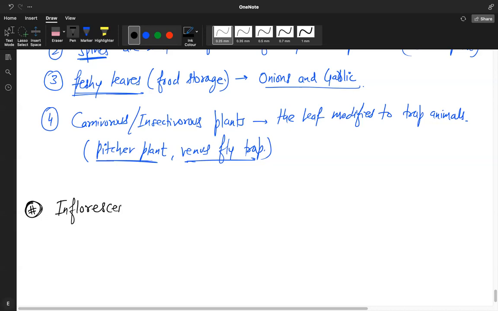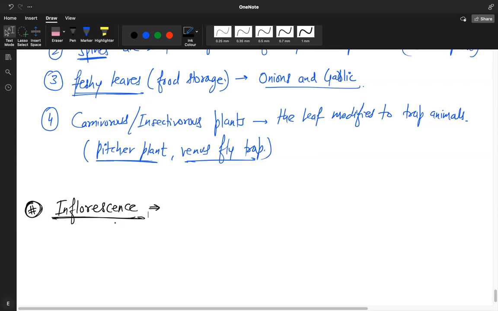Inflorescence. So what is inflorescence? Next thing that we are going to, next morphological feature. If there is only one flower, one single flower that you see, mostly we see flowers on plants as single entities, right?